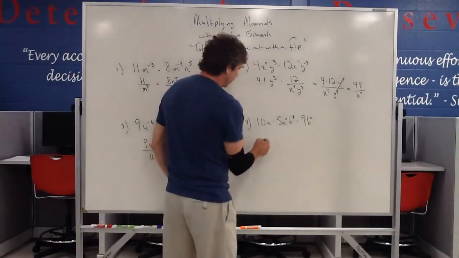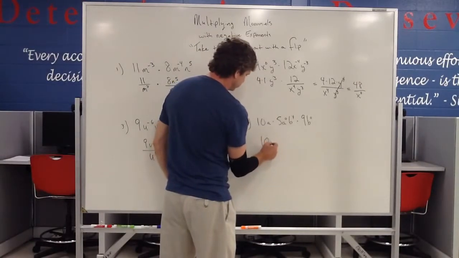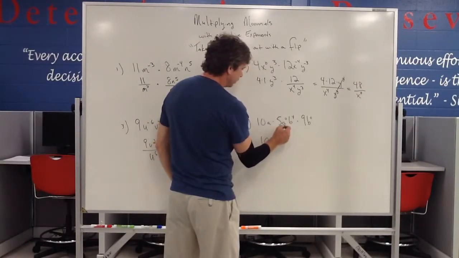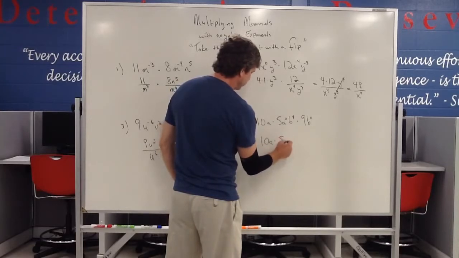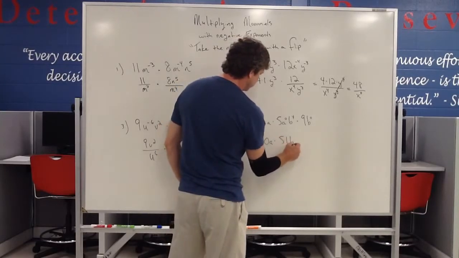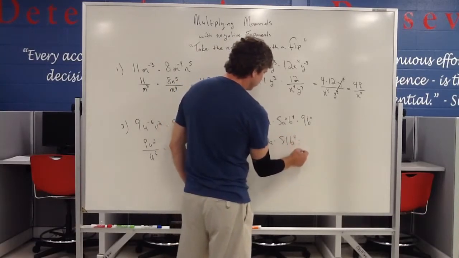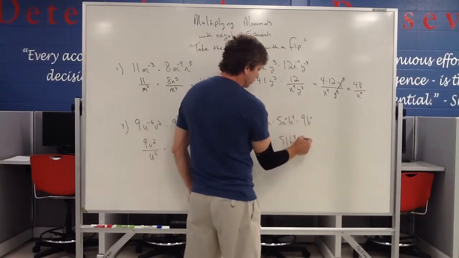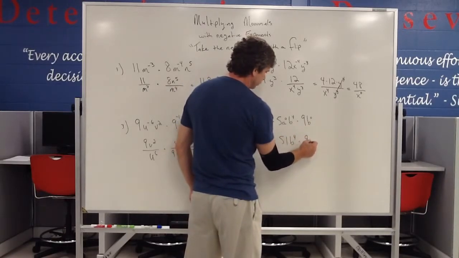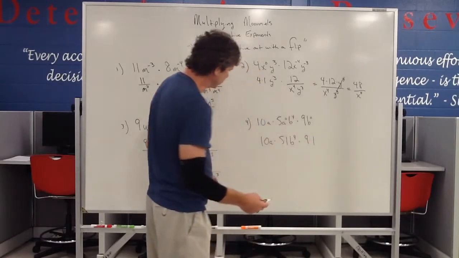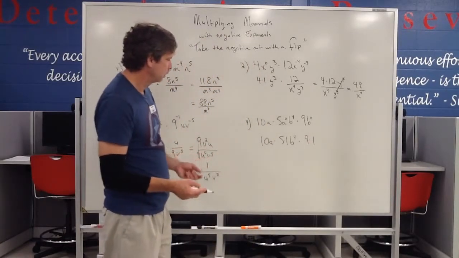So this problem here, I have 10a, nothing to really do there. That a to the 0 changes to a 1, so that's 5 times 1 times b to the 4th, times then. And I have b to the 0, so that's just going to change to 9 times 1. So what are the negative exponents in this one?